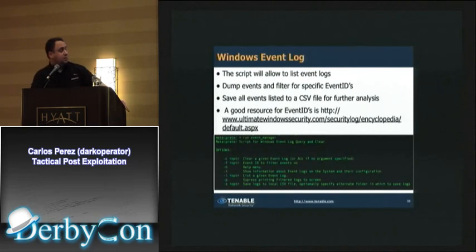So this is the tool I wrote. It gives us several abilities. I can list the event logs and their settings in terms of retention, size, and how many events are in each one. I can also dump and filter that data by event ID. So I can check: are they doing any ACLs against the registry? Are they monitoring failed logons or not? Did they enable auditing of access to certain files in the file system?